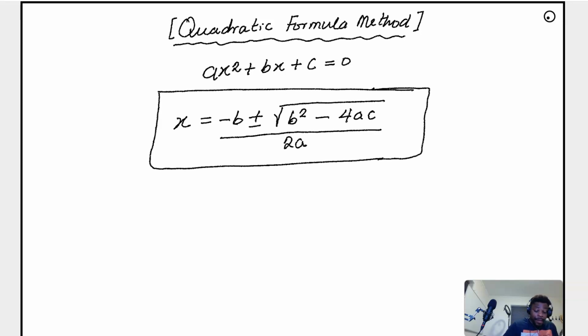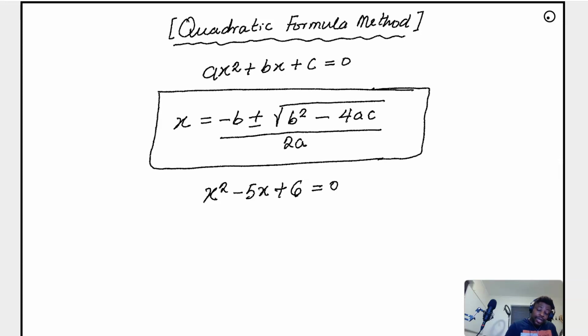Now, I will be teaching you how to use this quadratic formula to solve a quadratic equation. For example, you have x squared minus 5x plus 6 is equal to 0.